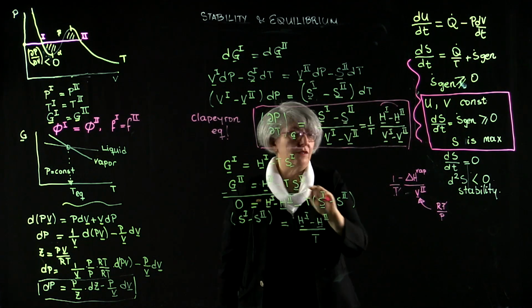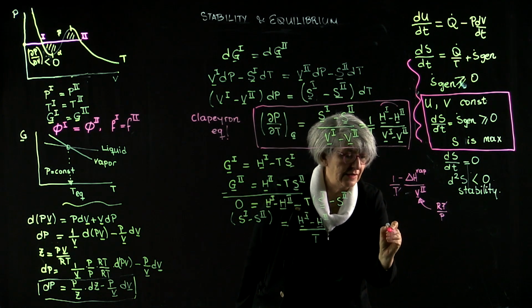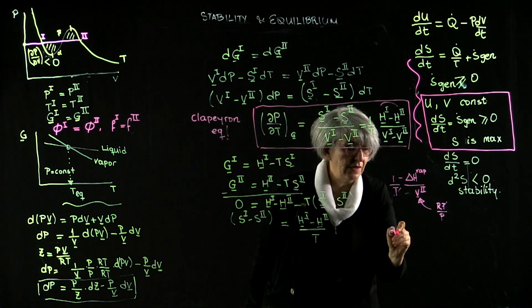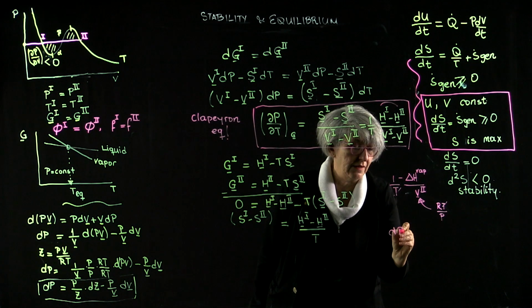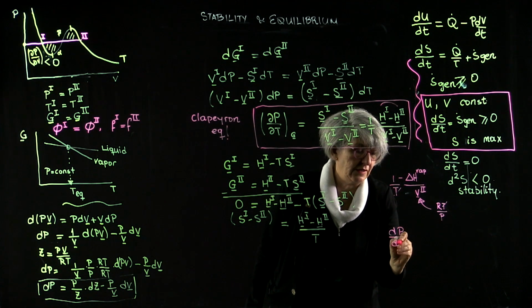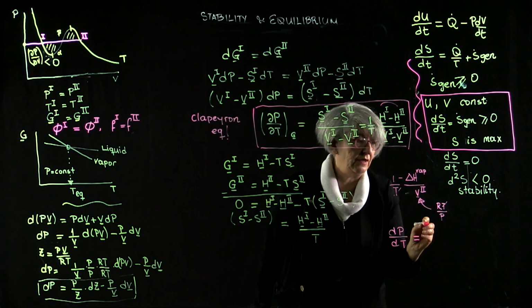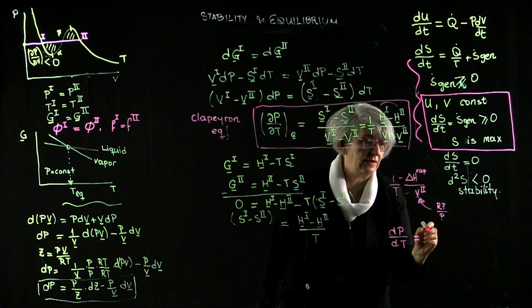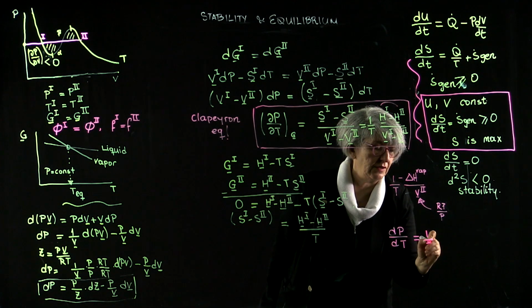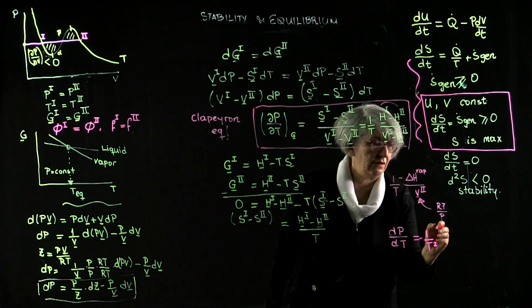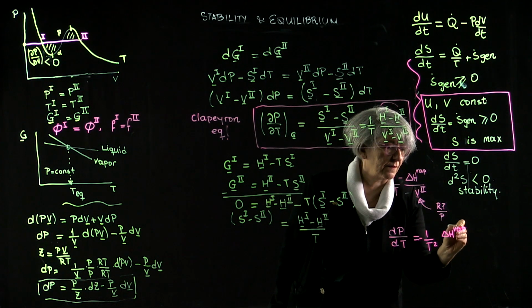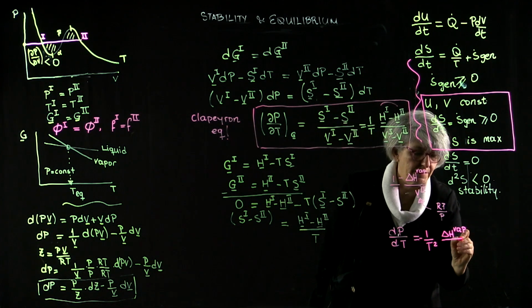So my Clapeyron equation, I'll just move to the total derivative now. dP over dT is going to be equal to, no, I'm sorry, they don't cancel out. It's 1 over T squared, the minus in front, delta H vaporization divided by R over P.